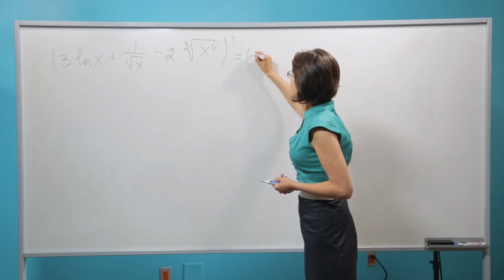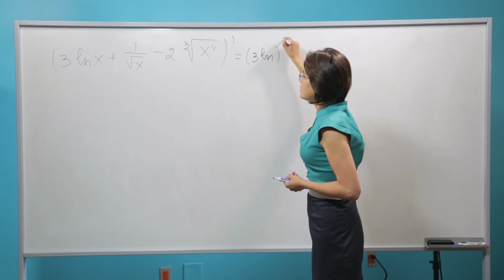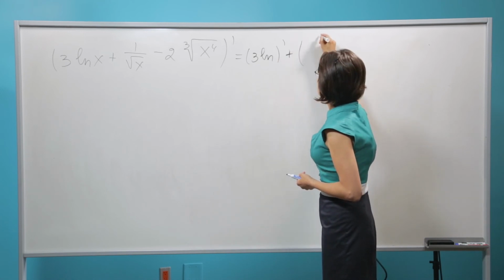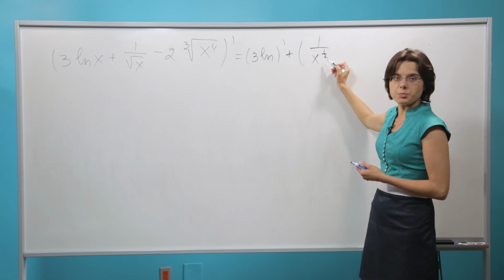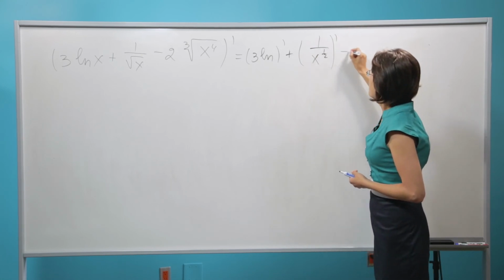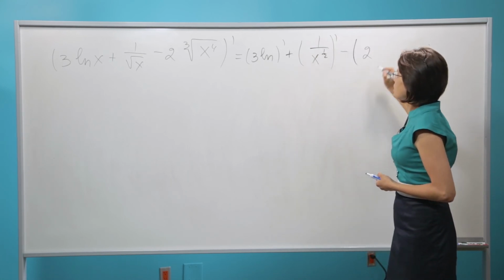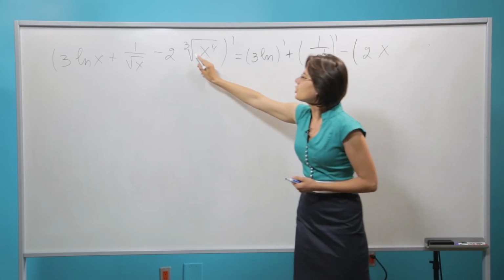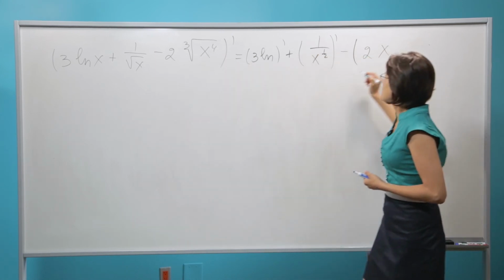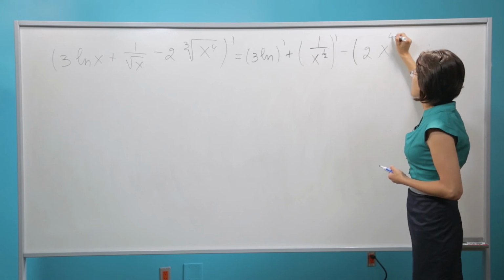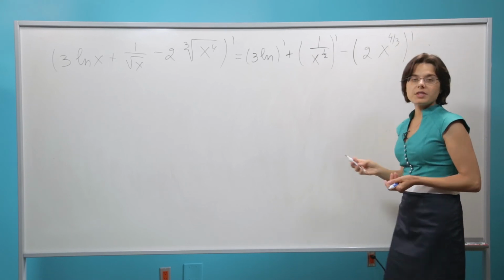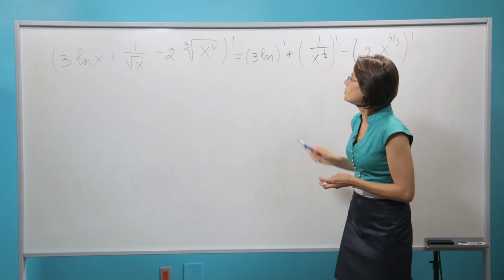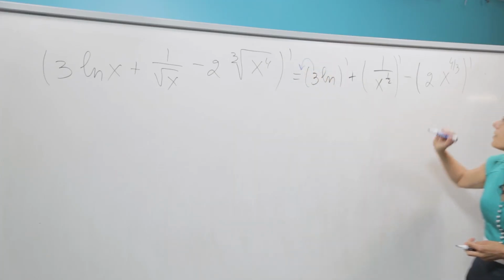It will be equal to derivative of the first function plus derivative of the second function. So square root I will represent as power half, minus derivative of the third function. And here cubic root of x to the power of 4 is the same as x to the power of 4 over 3. Now I have some constant multipliers which I can pull outside of the differentiation.